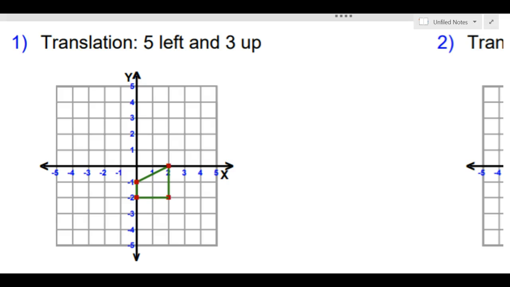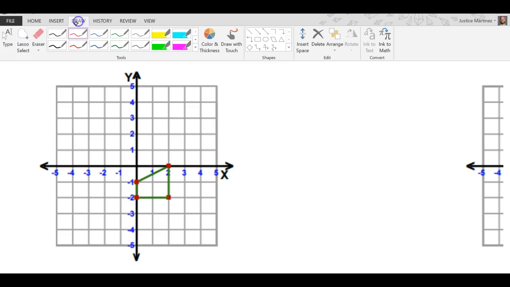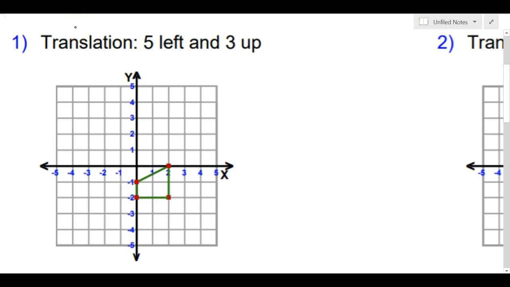The hardest part of translations, and it's not actually a particularly difficult part, is making sure that we measure point to point. One of the biggest issues people have is they'll say, oh, well, I need this to go 5 left. It's easy to do.